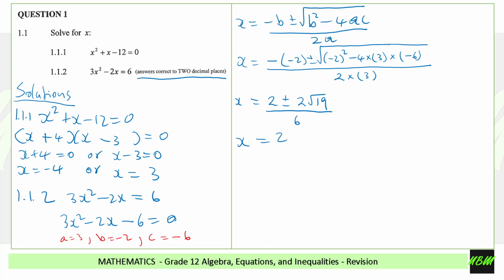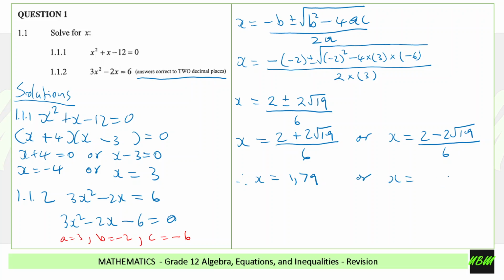Then x will be 2 plus 2 the square root of 19 all divided by 6, or x will be equal to 2 minus 2 the square root of 19 all divided by 6. Therefore, x will be equal to 1.79, use your calculator, or x will be equal to minus 1.12.